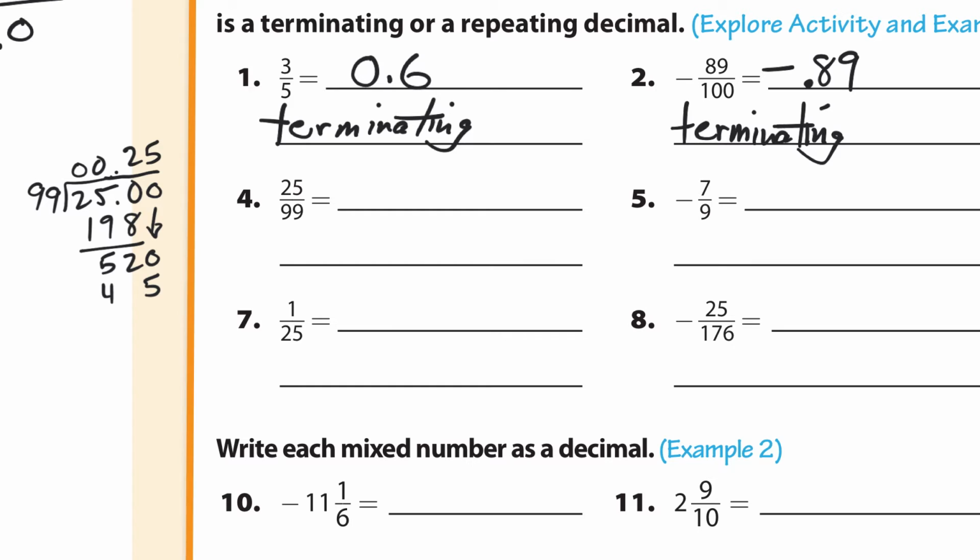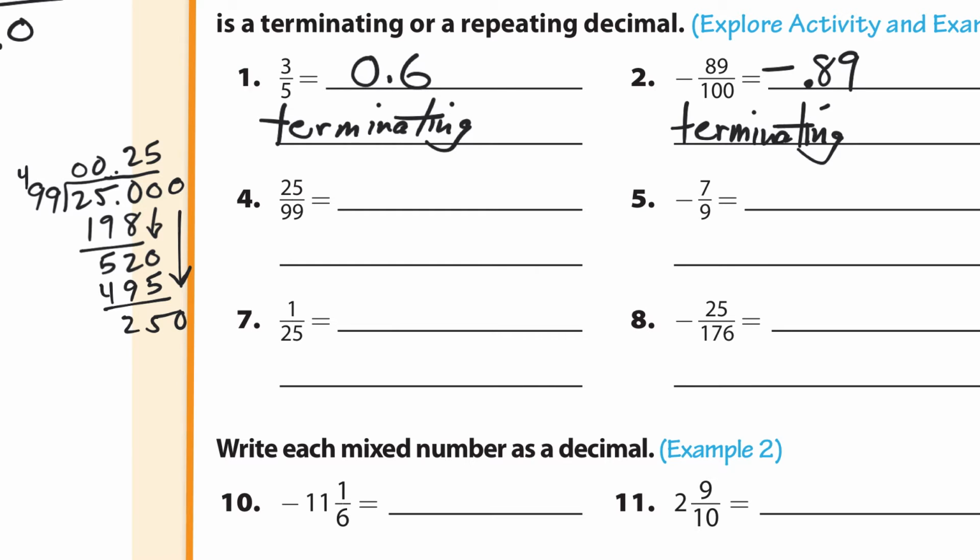Oops, sorry about that. Oh yeah, that was 5, and that's 495, so that leaves 25 again. And there you go.